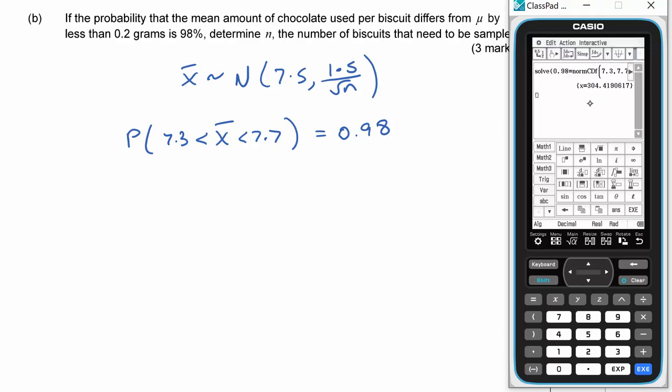And that gives me 304.41. And we always just round up in those situations. So it should be 305.